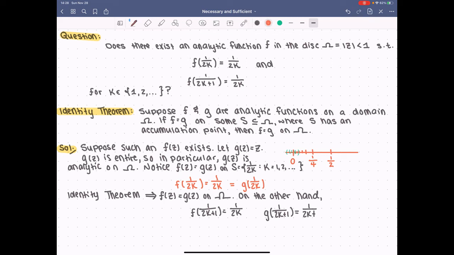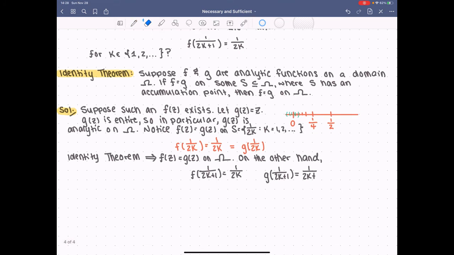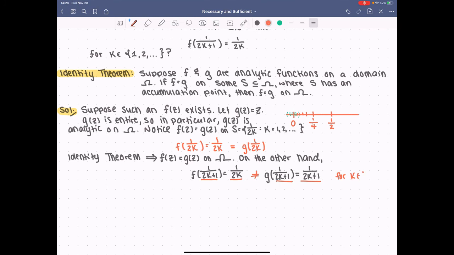So what this means is that f and g disagree at the points 1 over 2k plus 1. And remember, 1 over 2k, and this should be 2k plus 1, cannot be equal to 1 over 2k plus 1 for k in the set 1, 2, and so on. But this is a contradiction.